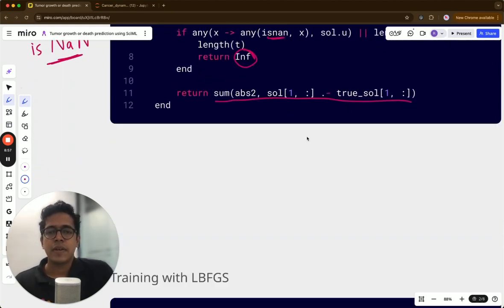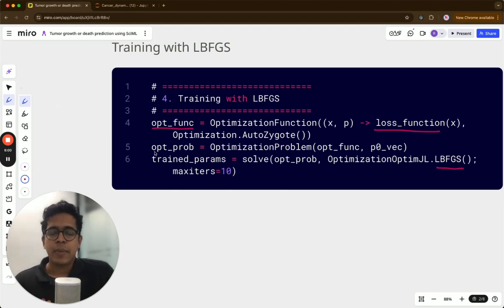This is the loss function itself. And then you say the optimization problem that you are looking at is to optimize this opt function. And you are using this optimization problem function, which is built in to Julia. Then you want to get the UDE trained parameters. What are those? The final values of R predicted and K predicted.